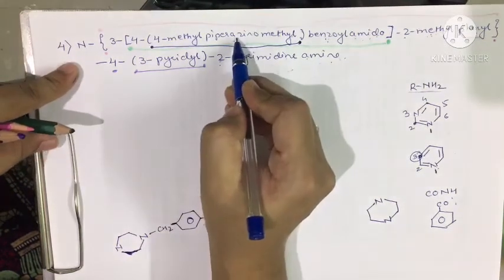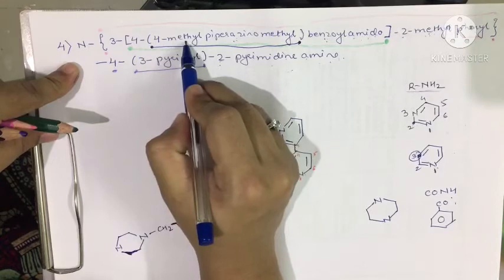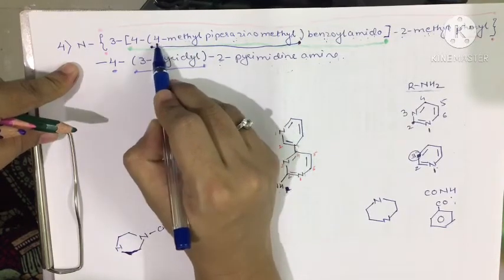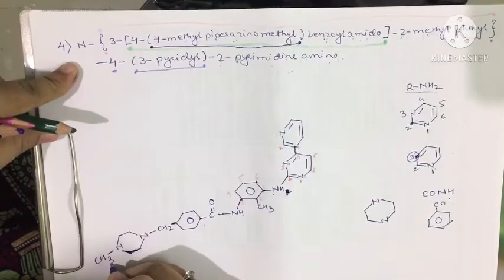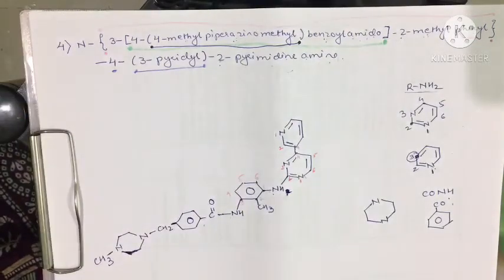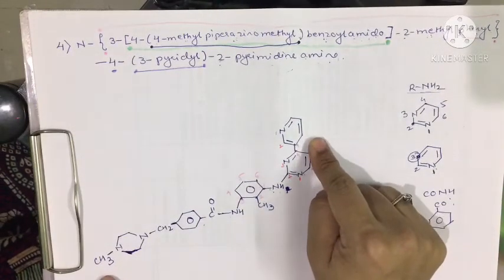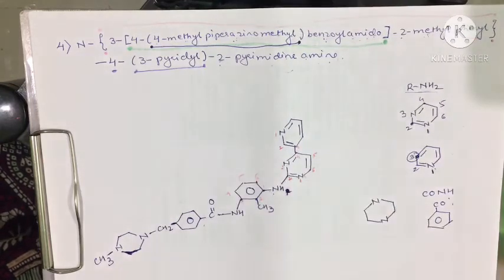And in piperazine, we have methyl group. Methyl group is present at 4th position of piperazine, so here it is methyl. So we have with us a complete structure for the IUPAC name.